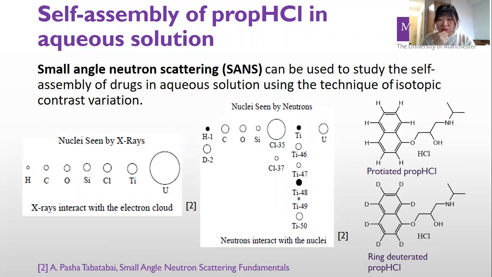The two figures here show the scattering by X-rays and neutrons respectively, which is related to the refractive index of different atoms called scattering lengths. The scattering lengths of hydrogen and deuterium are very different for neutrons, which provides a way of using isotopic contrast to study the composition of a material. So in our study, we use protiated drug and ring deuterated propranolol hydrochloride.